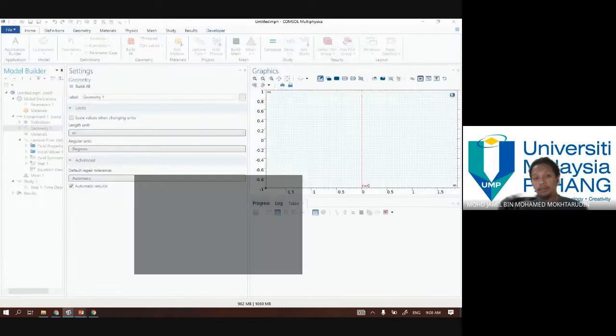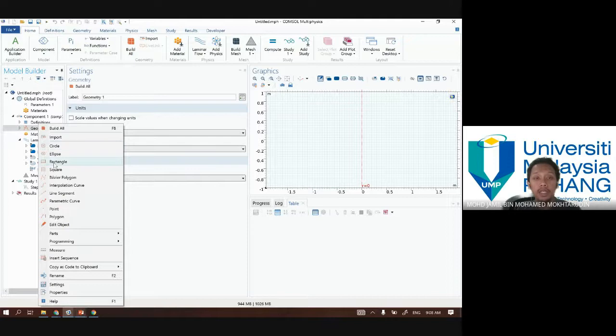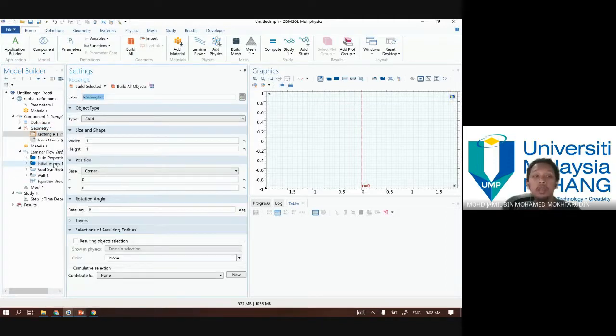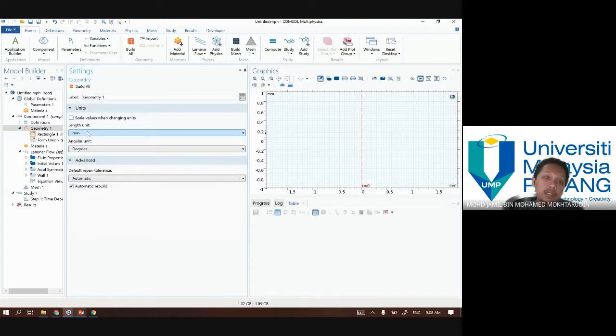Okay, so we can start by drawing the geometry. Because we are doing this simulation in 2D axisymmetric, we are not going to draw a cylinder, but we are going to draw the cross section of the cylinder. So we can draw a rectangle. Before that, from the tutorial, we need to change the default unit. Because the geometry is in millimeter, we set the geometry unit to millimeter.